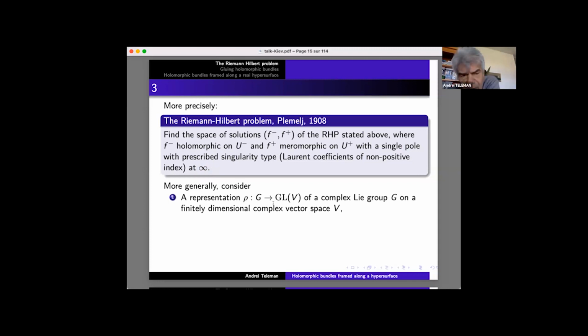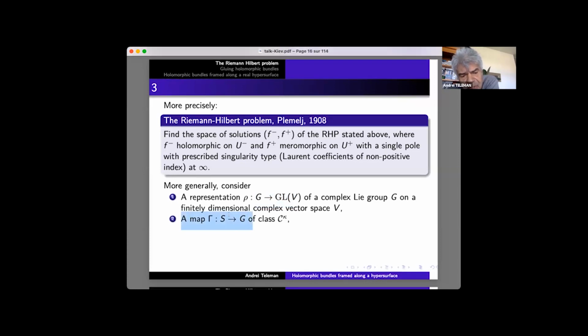Okay, so now let me generalize the Plemelj version in a natural way. Namely, I will fix a complex Lie group G, not necessarily GL. This is a natural generalization nowadays. So I'll fix a representation, which means a morphism of Lie groups from G to GL(V), where V, of course, is a finite dimensional complex vector space.